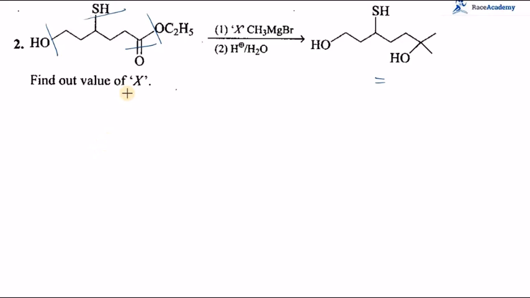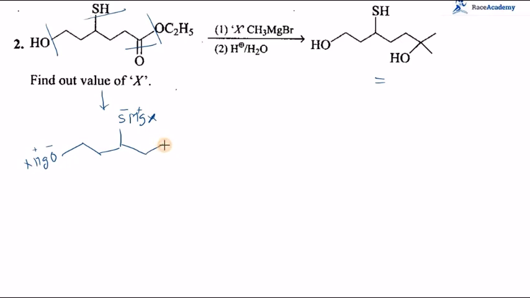A total of 4 are possible here, because in Grignard reagent analysis this OH will become XMgO, since O is minus and magnesium is plus. And this SH will become S minus MgX, with magnesium plus.